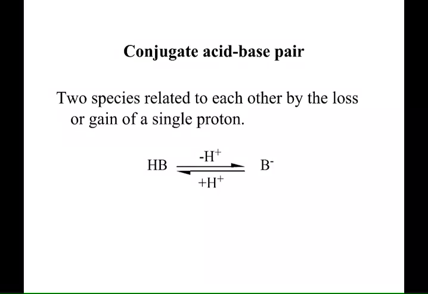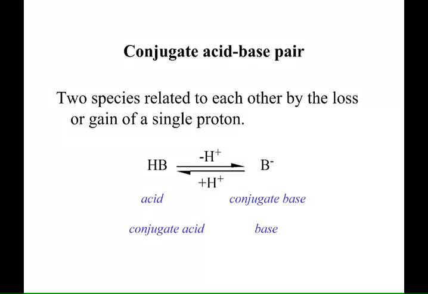Now, you might need to be able to go from left to right and right to left again. We're so into the left to right thing in this culture anyway. Notice that going from left to right, the HB is the proton donor, we call that an acid, and either way, if you're going left to right or right back to left again, the B minus is the proton acceptor.